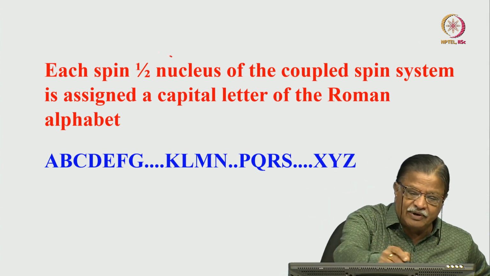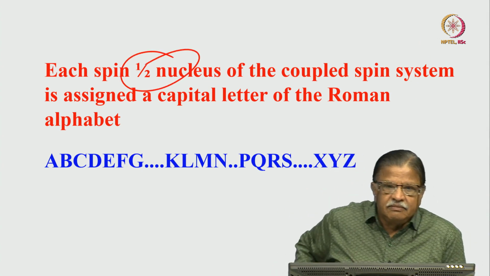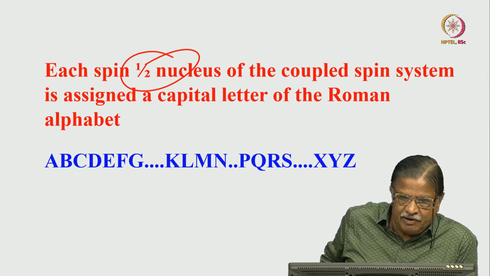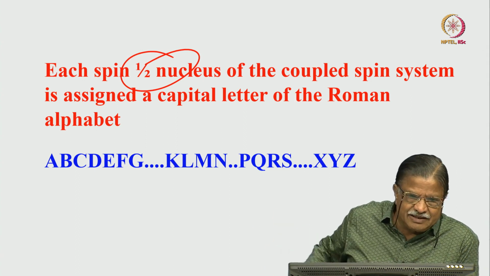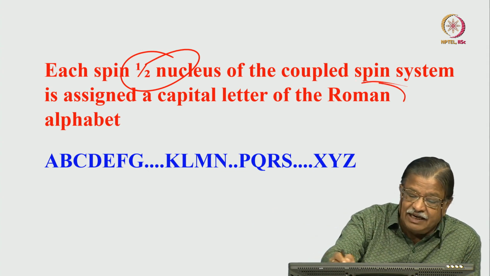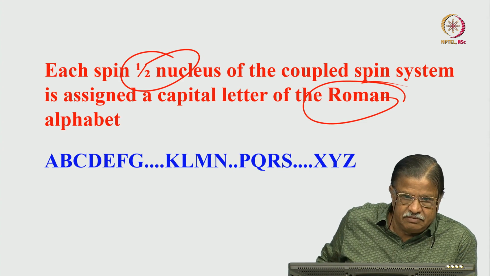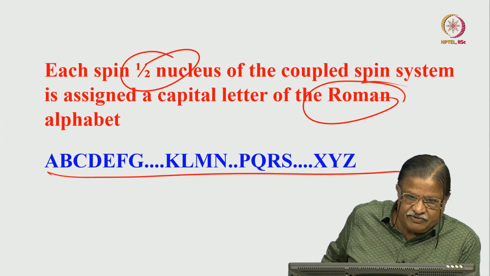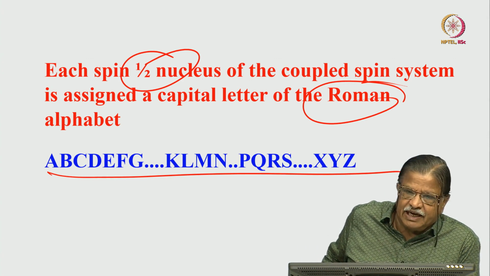Each spin half nucleus of a coupled spin system, and I am talking about spin half nuclei, I am not worried about spin 1, we will discuss that later, is assigned a Roman alphabet. What is a Roman alphabet? A, B, C, D, E, F, G up to X, Y, Z. All 26 characters you can consider.